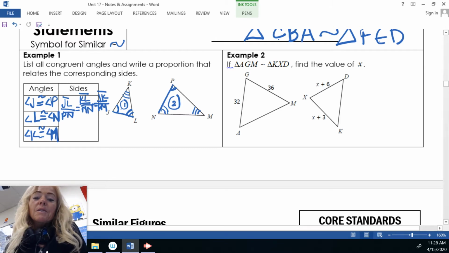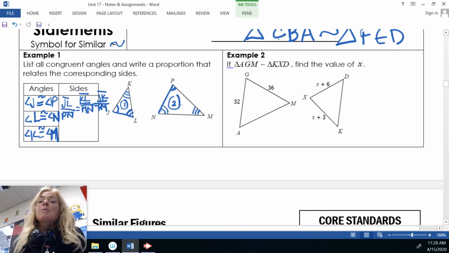All right, so those are going to be our proportional sides, and that's how we would write the proportional sides. In sides, the only things that are equal is the scale factors for each. Well, they're the same scale factor, but we have to state the scale factor in accordance to congruent angles or proportional sides.